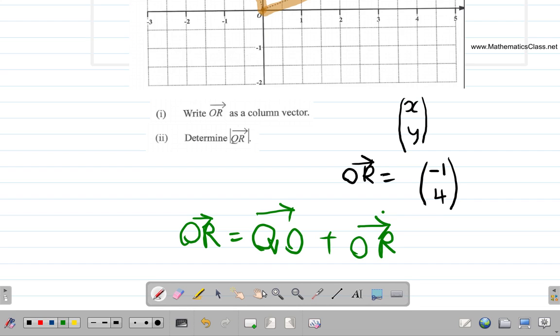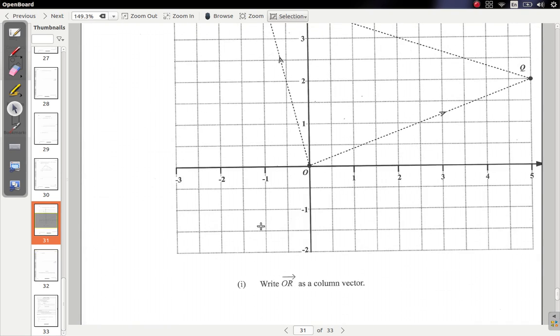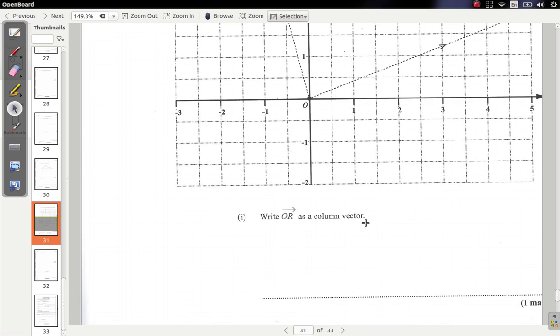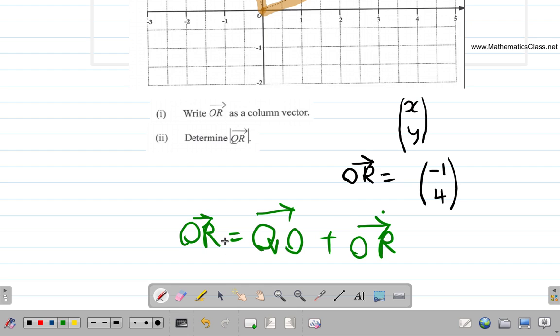Make sure you understand exactly what's taking place here. Now, what is QO? Remember the question I asked you. Write this as a column vector, then determine QR. That's what you are asked to do. QR is QO plus OR.